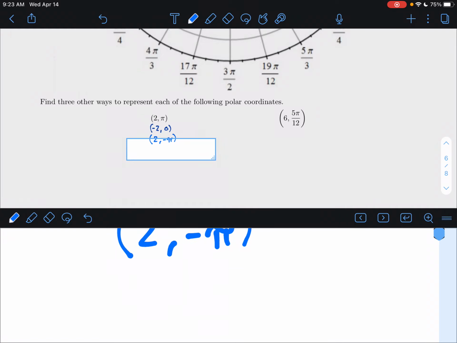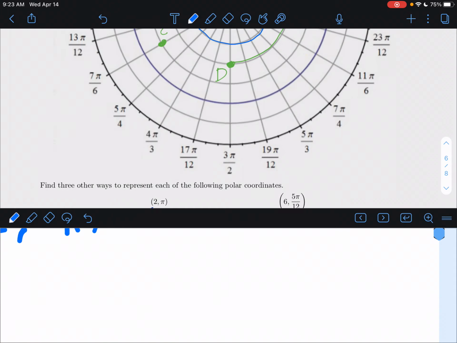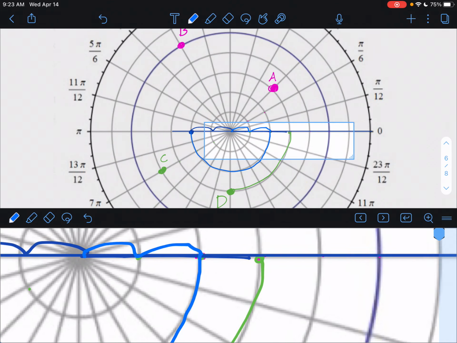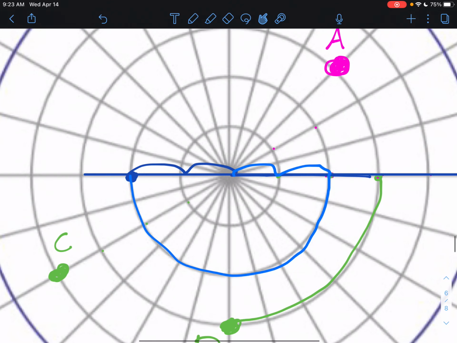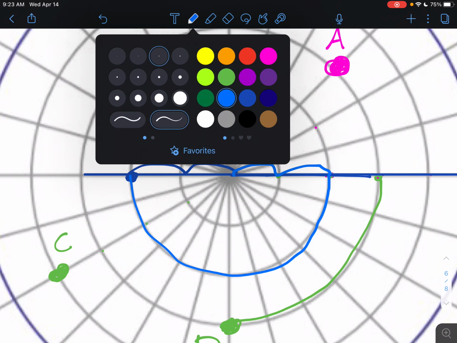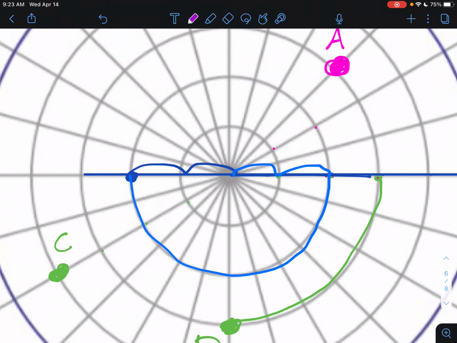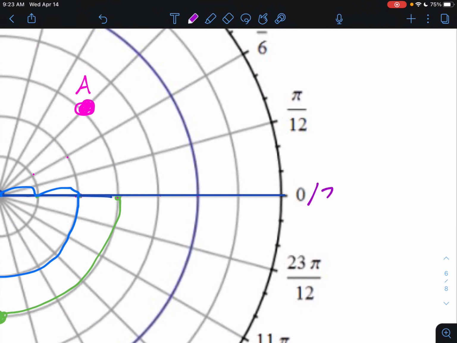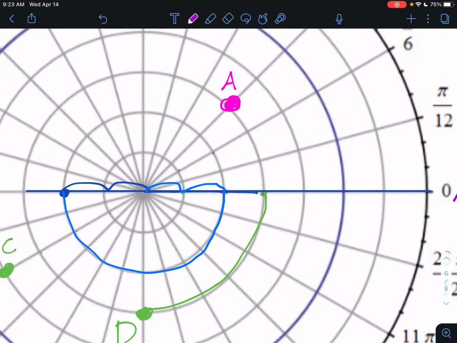Or if I wanted to find a third way to represent this, think back to pre-calculus. Think about how you could add 2 pi to the amount of radians and get the exact same thing, because it means a full rotation, since this is 0 or 2 pi. To get to the original point, we would go out 2 and then rotate pi.